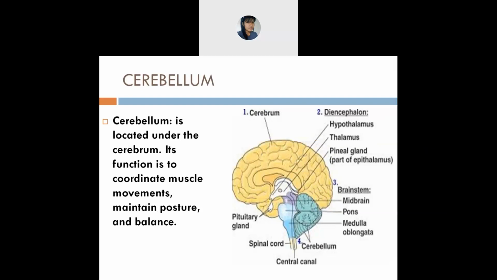It is the largest part of the brain. It is composed of right and left hemispheres.